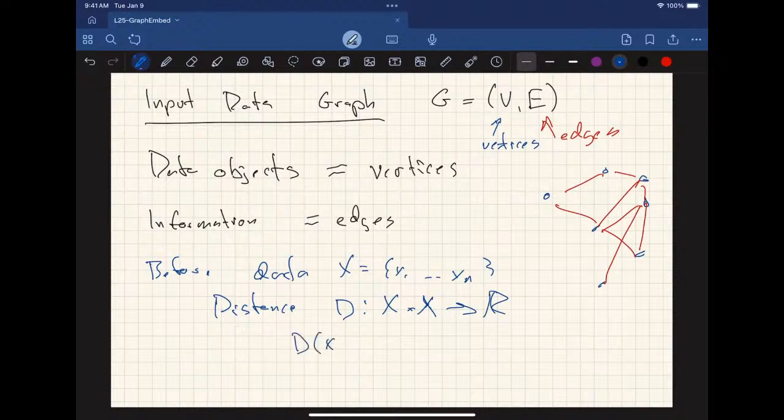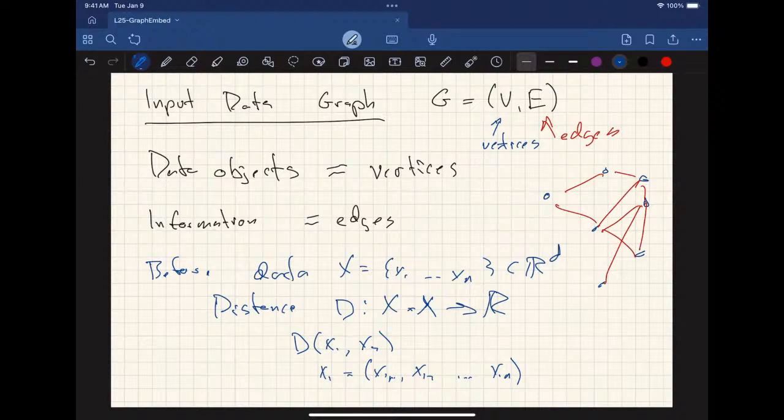So d of x1, x2, where x1 was x1,1, x1,2, up to x1,D. These were often a subset of R^D. And then we did our analysis. If you have data represented as a vector, you can throw it into your favorite machine learning library to do some analysis. You can do clustering and whatnot as well.